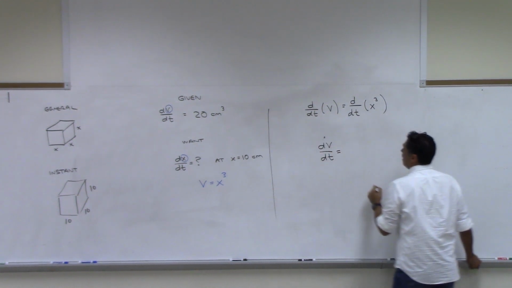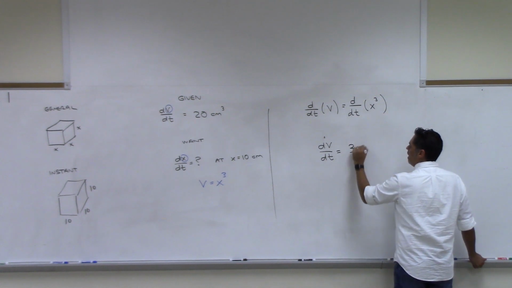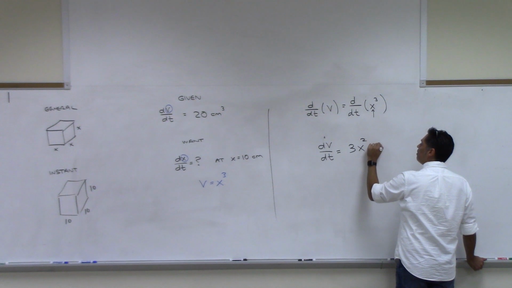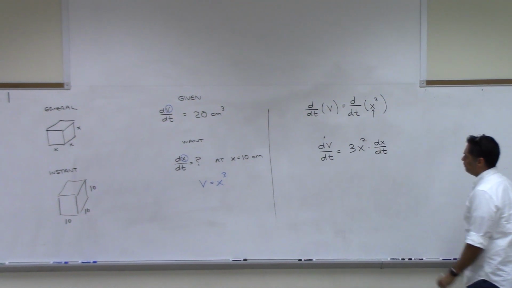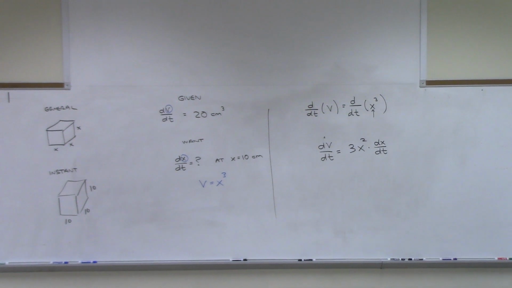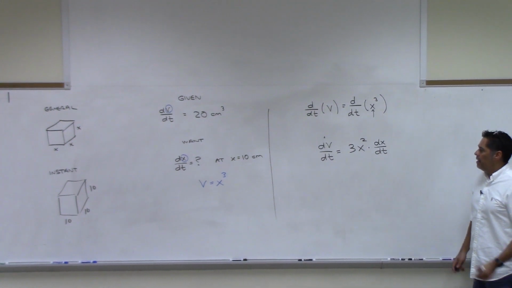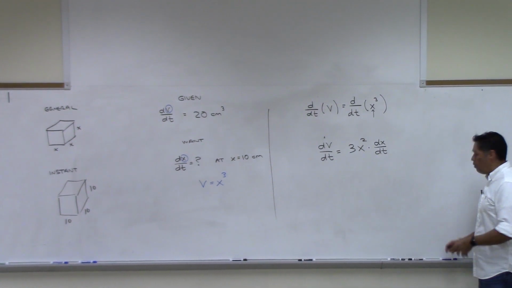On the right-hand side, I have to use the power rule, 3x squared. But then chain rule, take the derivative of the x with respect to time, which is not 1, it's dx/dt.